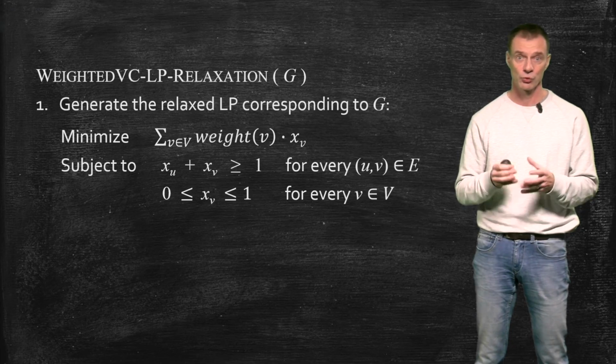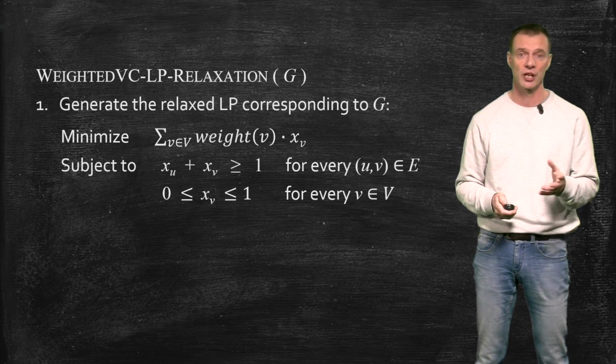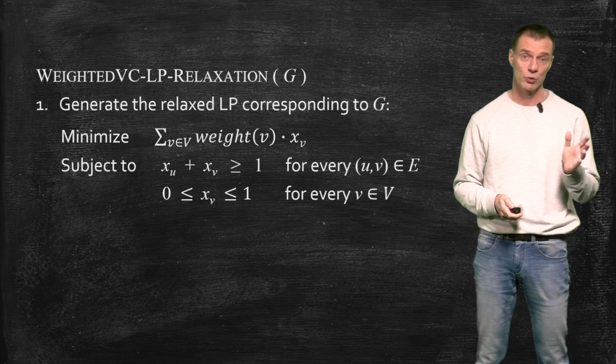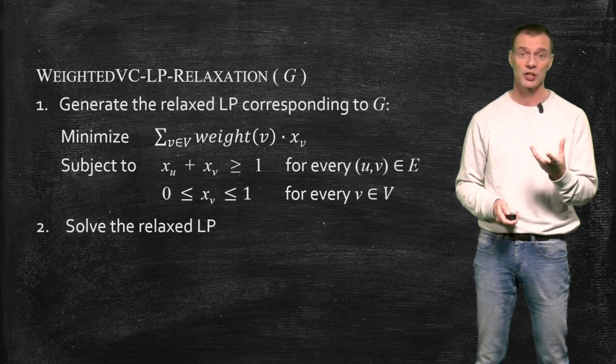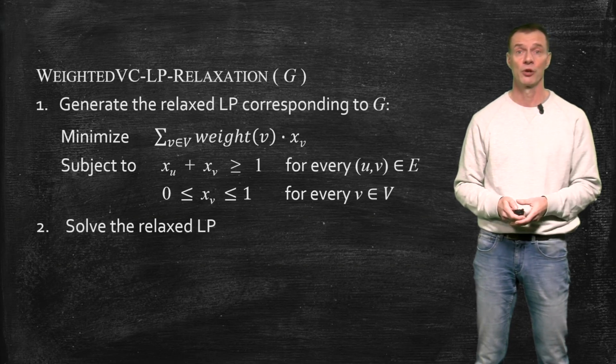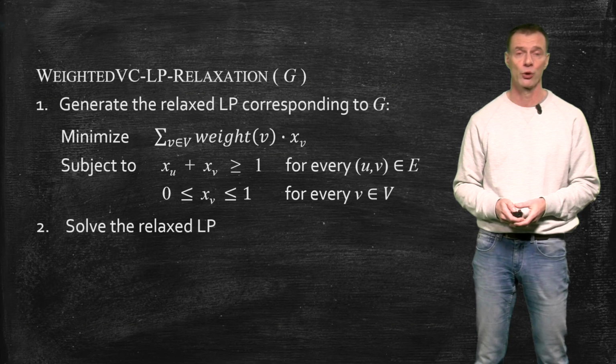And we had the relaxed constraint on the variables that xu is between 0 and 1 for every vertex u. Then we have this relaxed LP, which is a normal LP, that we can solve in polynomial time.